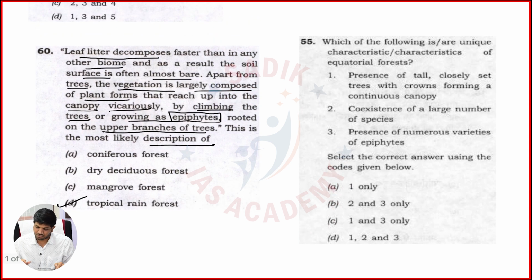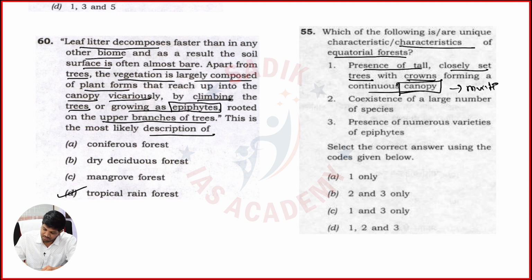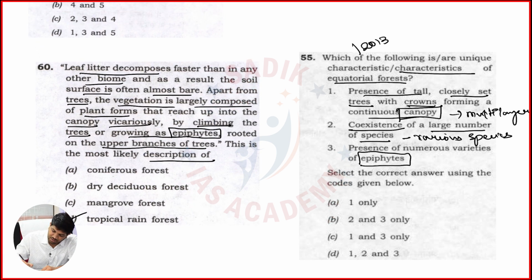Okay, and here also, if you see the characteristics of equatorial forest, there is the presence of tall, closely set trees with crowns forming a continuous canopy. See, it is a continuous canopy, which is nothing but multi-layered, and the coexistence of a large number of species, various species. And here also there is a presence of epiphytes, and this was asked in 2013, friends.